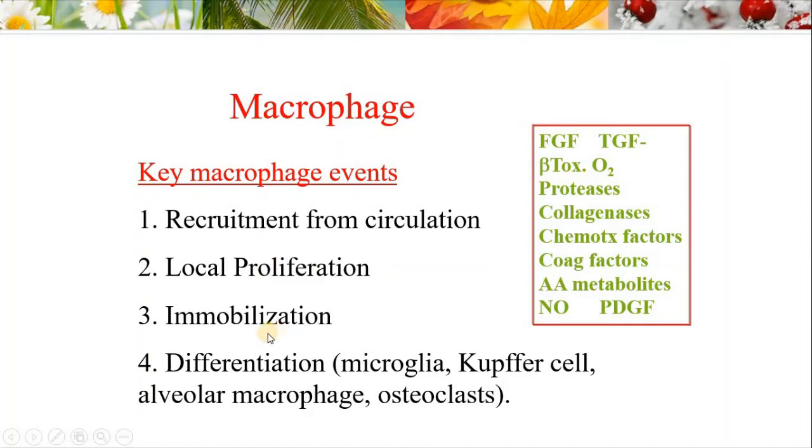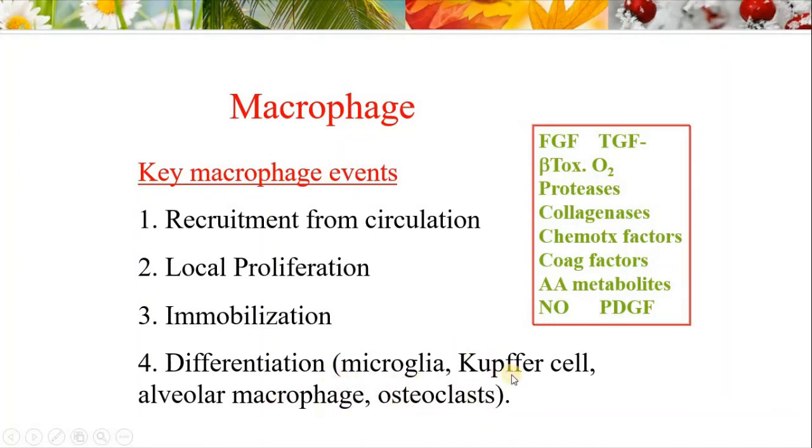Then it proliferates, becomes immobilized, and differentiation occurs according to the site or tissue: microglia in brain tissue, Kupffer cell in liver, alveolar macrophage in lung tissue or pulmonary parenchyma, and osteoclast in bony tissue.